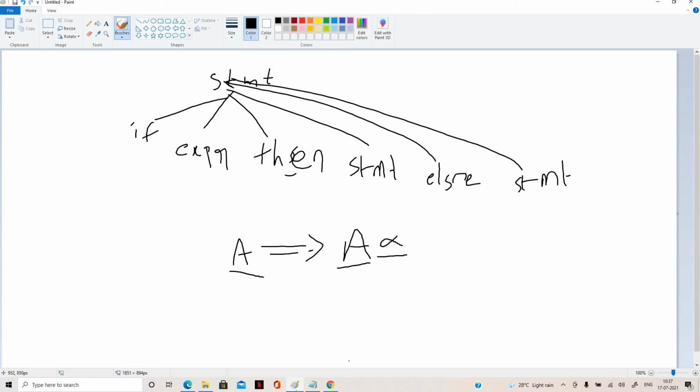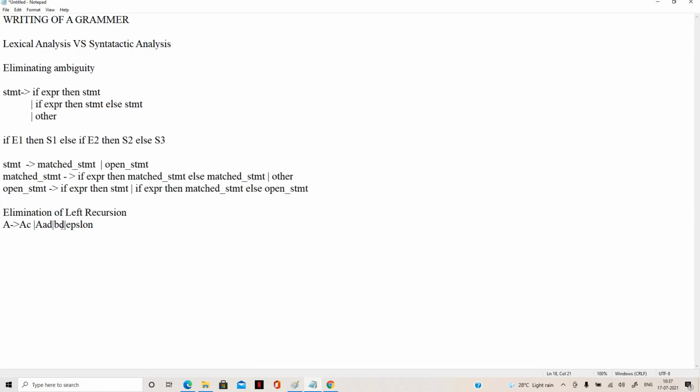So assume we are using this grammar. This grammar has left recursion, and here we can observe, and here also we can find left recursion, meaning these two statements are left recursive. So we are supposed to eliminate it. Once we eliminate the left recursion, the grammar will be rewritten like this: S tends to A or B. I am going to introduce a new variable, and with the help of the new variable I can avoid this left recursion.